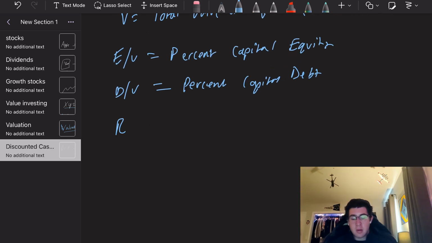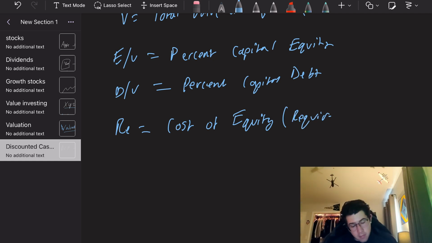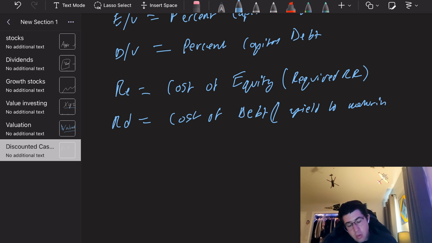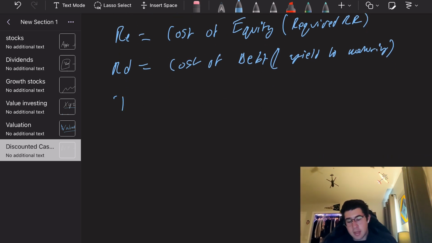And then RE is the cost of equity, or required rate of return. R for rate of return. And then RD is the cost of debt. And the T is just the tax rate.